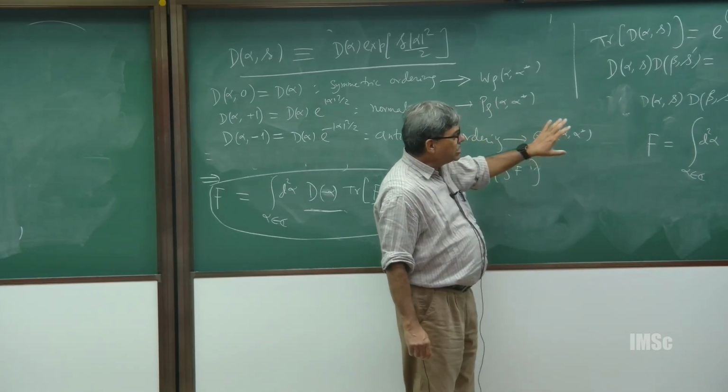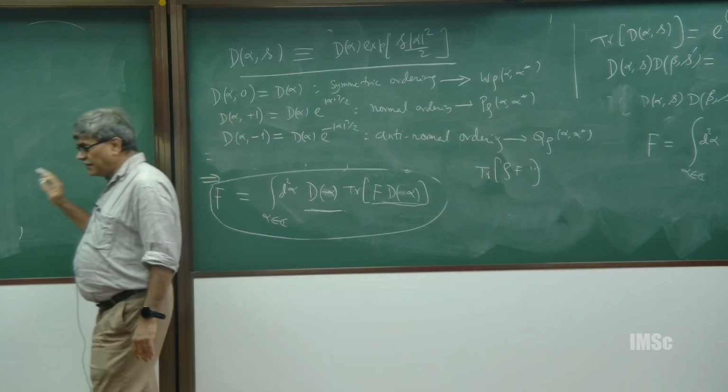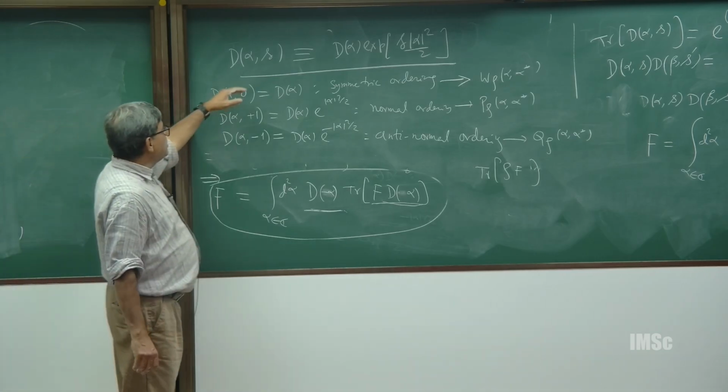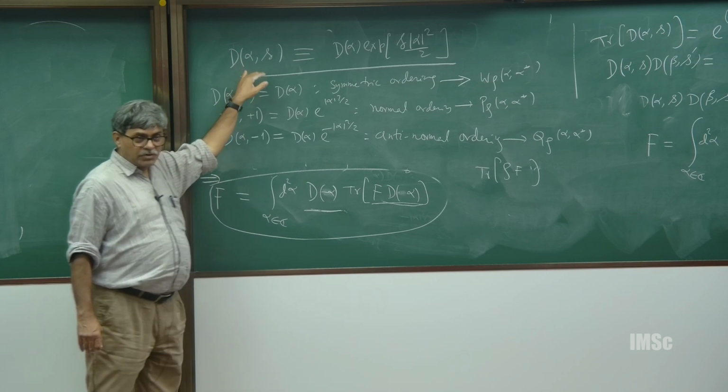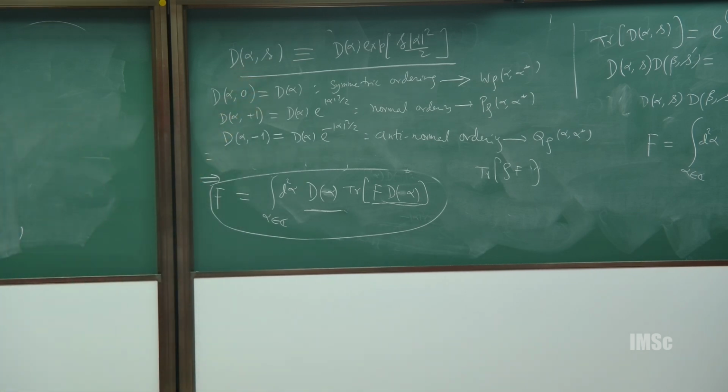For the P function, Q function, and all other s-ordered functions, you can get a similar expression by using this modified displacement operator, and this is what I will tell you now. I will be following the two papers by Cahill and Glauber that I told you about. This is what I am going to follow.